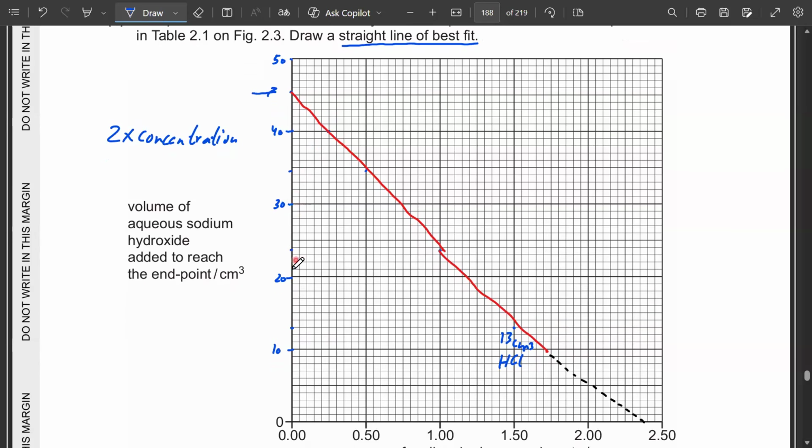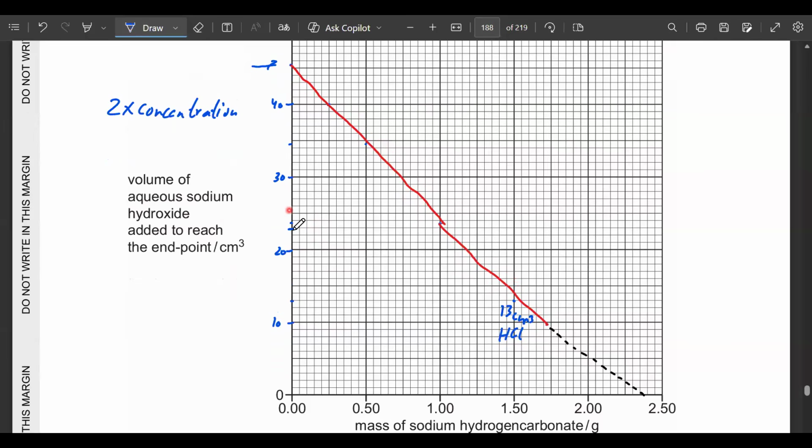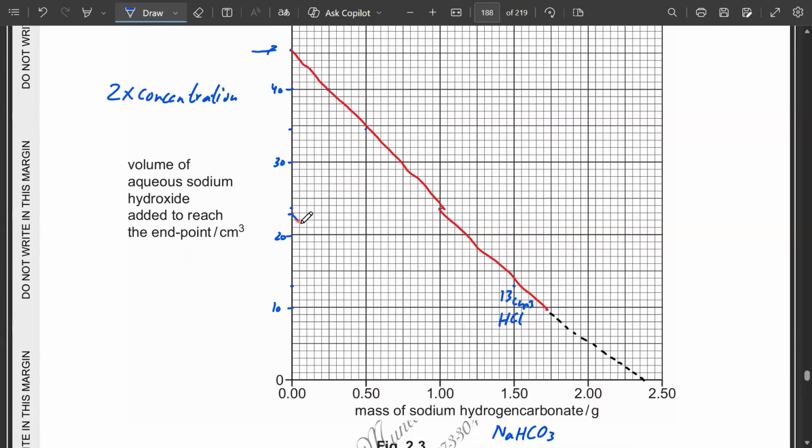So 23 is over here, 21, 22, and 23. That means the new line will start from this side, and it will terminate in the same way as we already did for the red line.